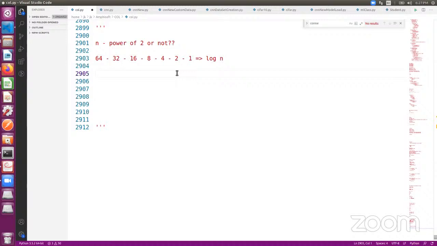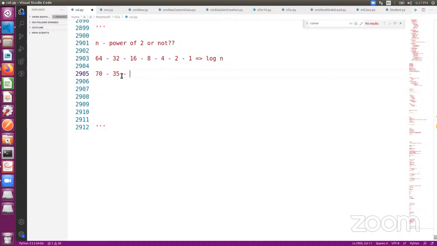If you take 70, 70 divided by 2 is 35. And again, if you divide by 2, it will not give a remainder 0. So you can stop here itself, telling that it is not a power of 2.